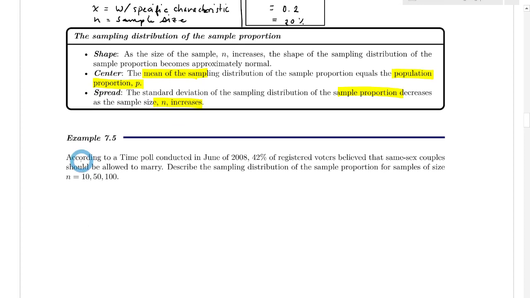So let's go ahead and take an example. According to a Time poll conducted in June 2008, 42% of registered voters believe that same-sex couples should be allowed to marry. Describe the sampling distribution of the sample proportion for sizes of n equal 10, 50, 100. So notice again, it wants you to talk about the sampling distribution.